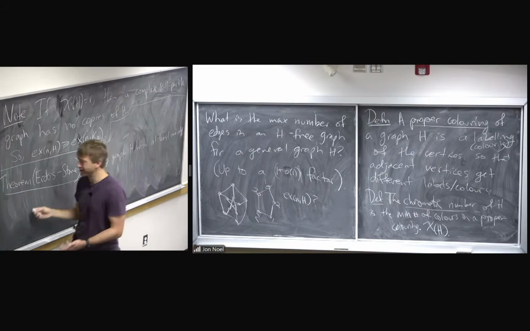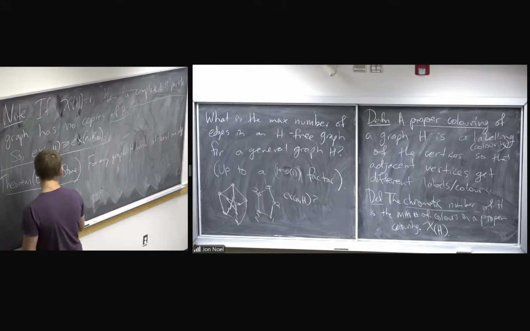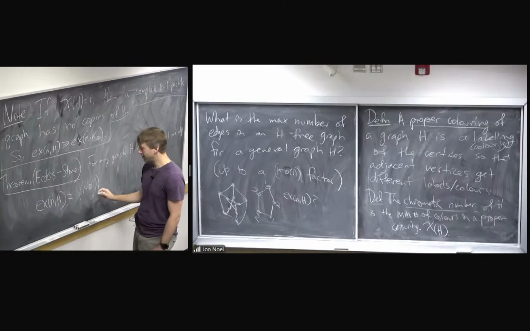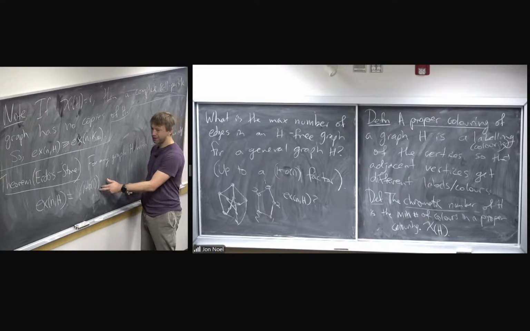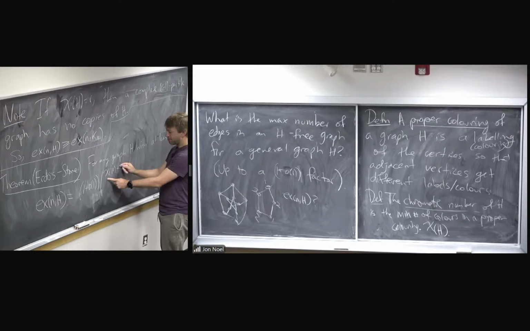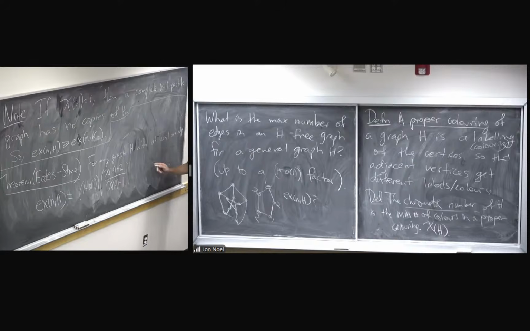So the extremal number of H is like 1 plus little o(1), we did talk about this asymptotic notation at some point, you might need to refresh yourself on that, times the chromatic number of H minus 2 divided by the chromatic number of H minus 1, times, let's say, n squared over 2.